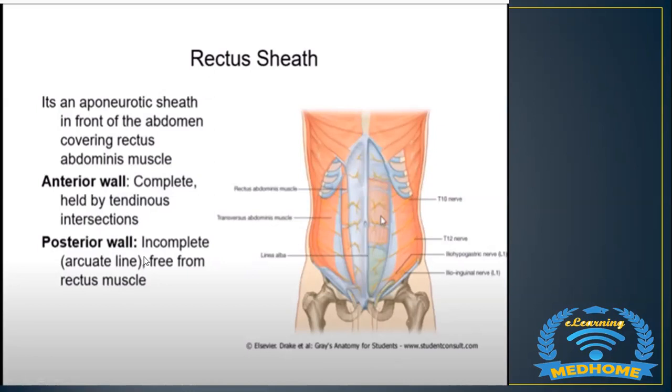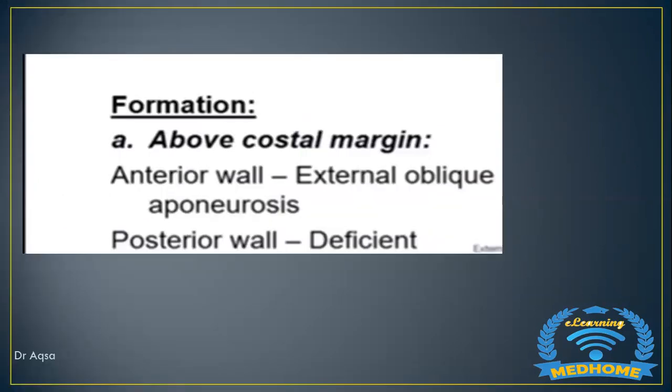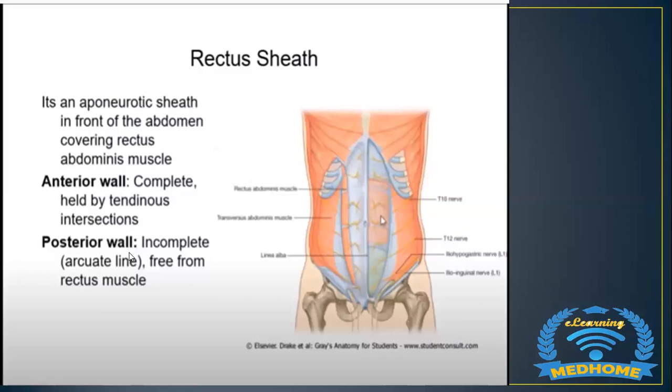And the posterior wall is incomplete, it ends at the arcuate line, and it is free from the rectus muscle. So posteriorly, it is divided into above the arcuate line, below the arcuate line, and in between both of them. We are going to discuss it. Now, what happens if you look here? You can see the front part, the anterior part of the rectus sheath, while the posterior part is not visible here.